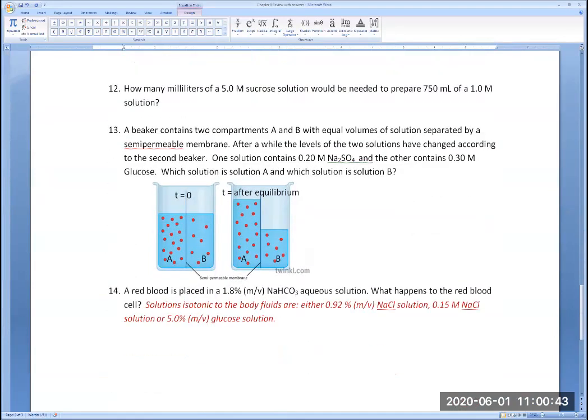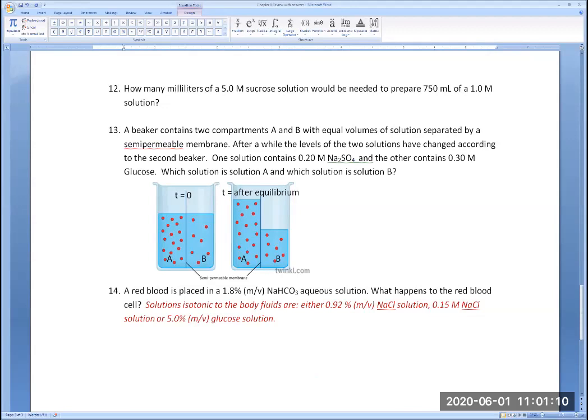So some more calculations of concentration, but this time from, well, I'll let you guess. How many milliliters of a 5.0 molar sucrose solution would be needed to prepare 750 milliliters of a 1.0 molar solution? There's no keyword there, unfortunately.